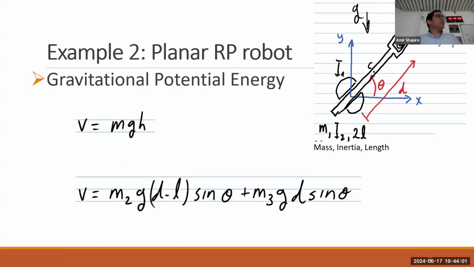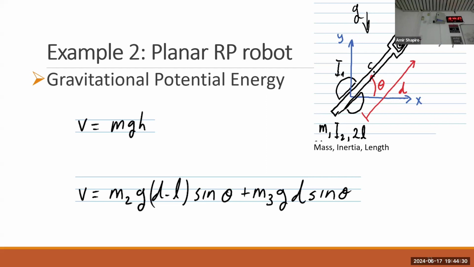Now the potential energy. We have potential energy here due to gravity. For gravity, the potential energy is mgh. So I take the mgh of the second and third mass, because they change the height.